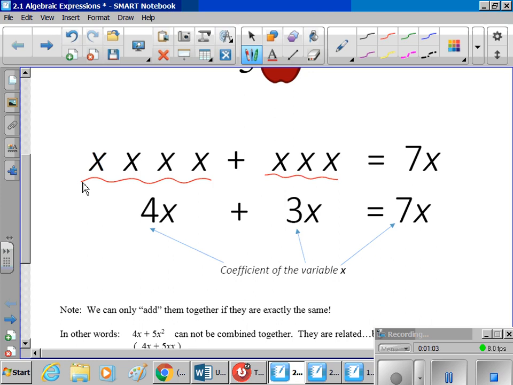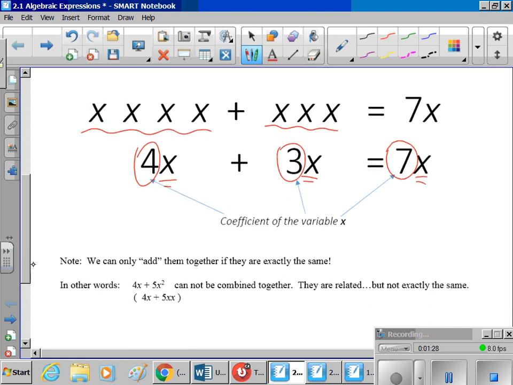It's just like those apples. Physically, you've got 4x's in your hand, plus you add 3 more x's in your hand, and now we've got 7x's in our hand. The 4 and the 3 and the 7 are all called coefficients. The vocabulary is important so you understand what I'm saying. And of course, x in these cases is the variable.